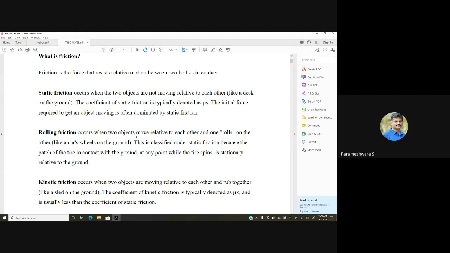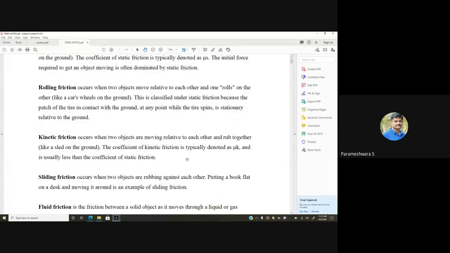The friction induced due to this is called rolling friction, and this is also classified under static friction, because the tire is rolling whereas the ground is stationary. This can also be treated as static friction, but since the tire is rolling, you can call it rolling friction.